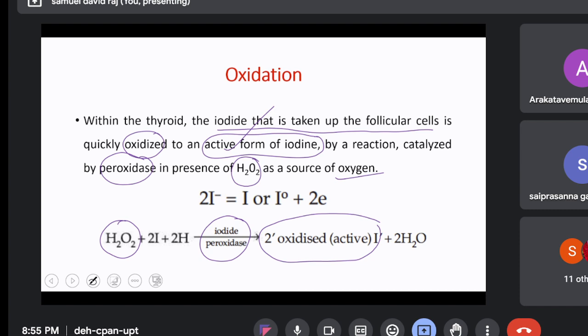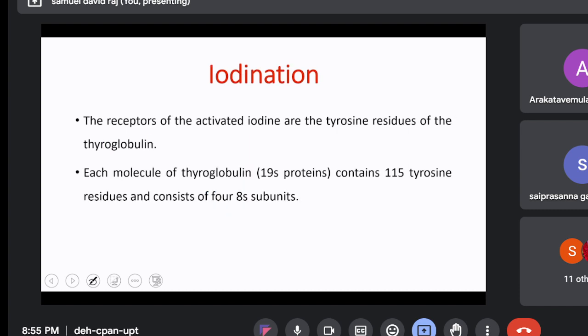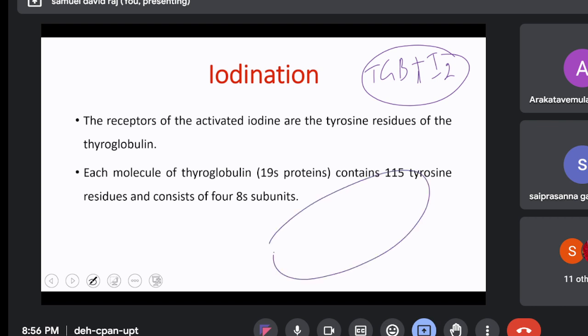First, thyroglobulin is synthesized. Now we have the presence of iodine inside the cell. In the same cell, there is thyroglobulin with a number of tyrosines, and we also have the oxidized, active form of iodine molecules.